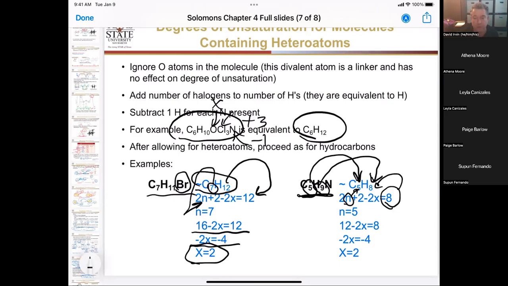And we're going to end up with N is equal to 5. So we end up with the same thing. X is equal to 2. That means there are 2 double bonds or 2 rings or 1 double bond and 1 ring. That's what hydrogen deficiency means. The degree of unsaturation of a molecule can be decided in this fashion. Questions on that?